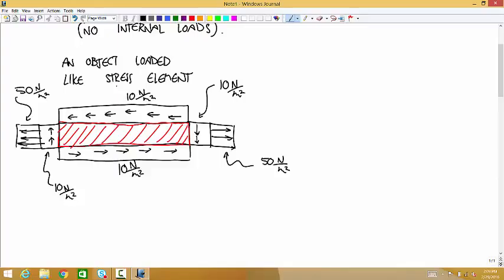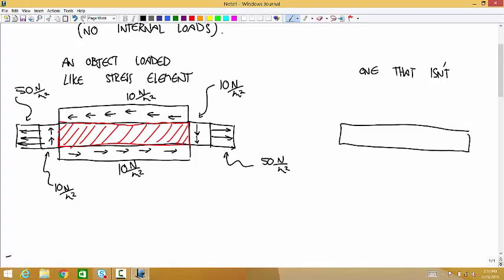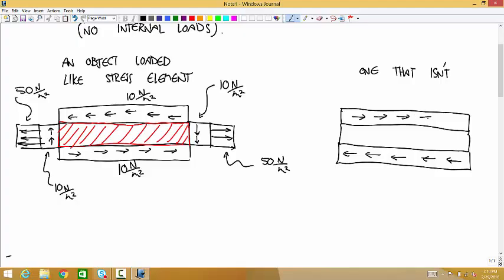And then here's one that isn't. So let's say same member. But this time you have a load that way and a load this way. Say these are the same.